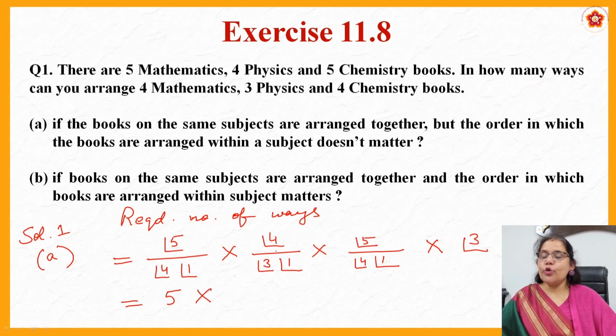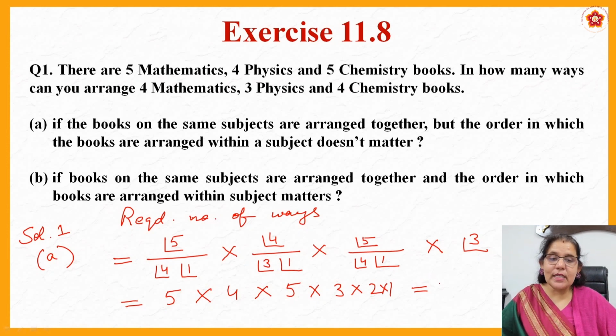In the same way, factorial 4 upon factorial 3 will be 4. Factorial 5 upon factorial 4 will be 5. And what is the value of factorial 3? 3 into 2 into 1. So multiply it and see what answer you get. 5 4s are 20, 20 into 5 is 100, and 100 into 6 is 600. So that is the answer.